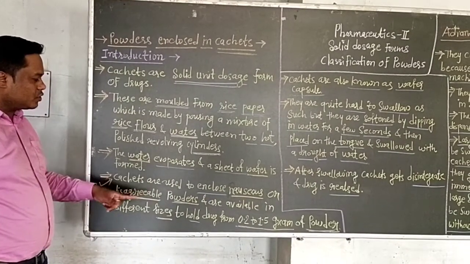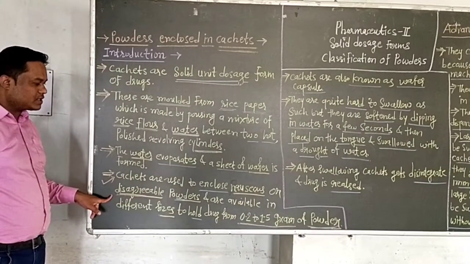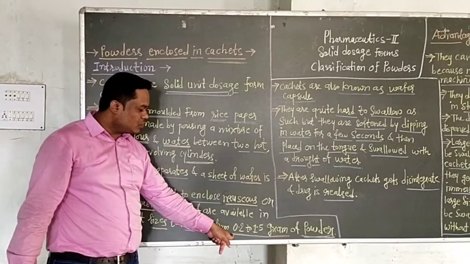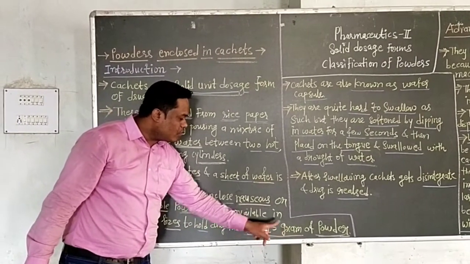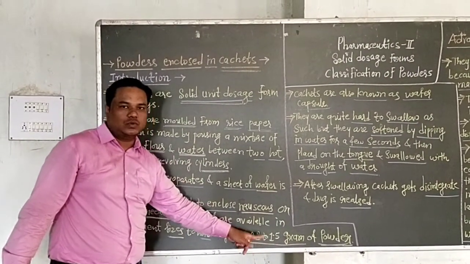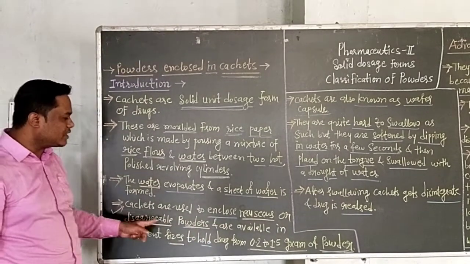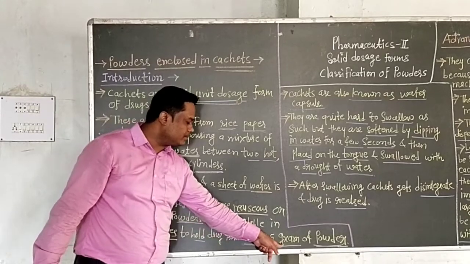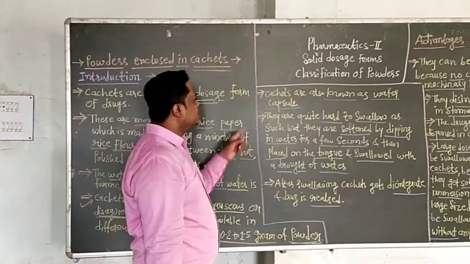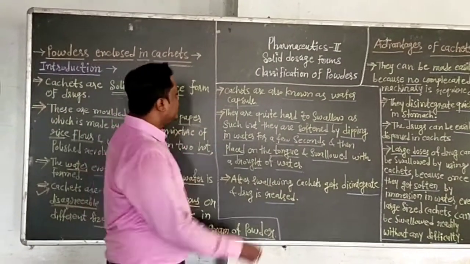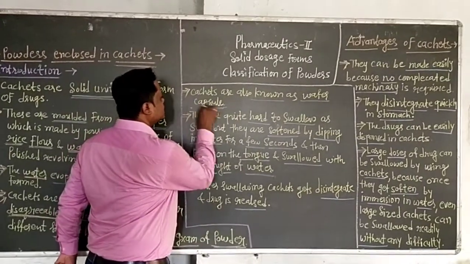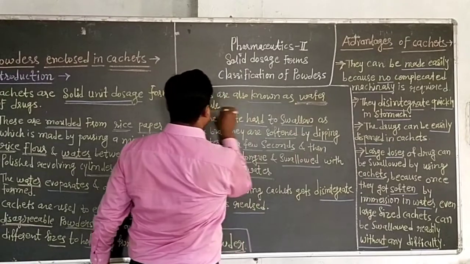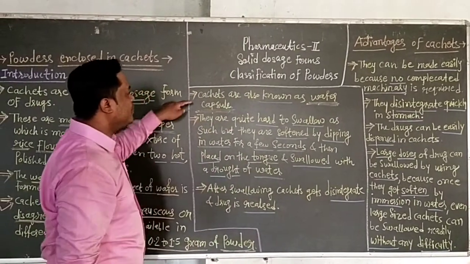Cachets are used to enclose nauseous or disagreeable powders and are available in different sizes to hold the drug from, this is important, 0.2 to 1.5 gram of powder. The capacity is large, up to 1.5 gram. Cachets are also known as wafer capsules, because a rice wafer is formed after evaporation of water.